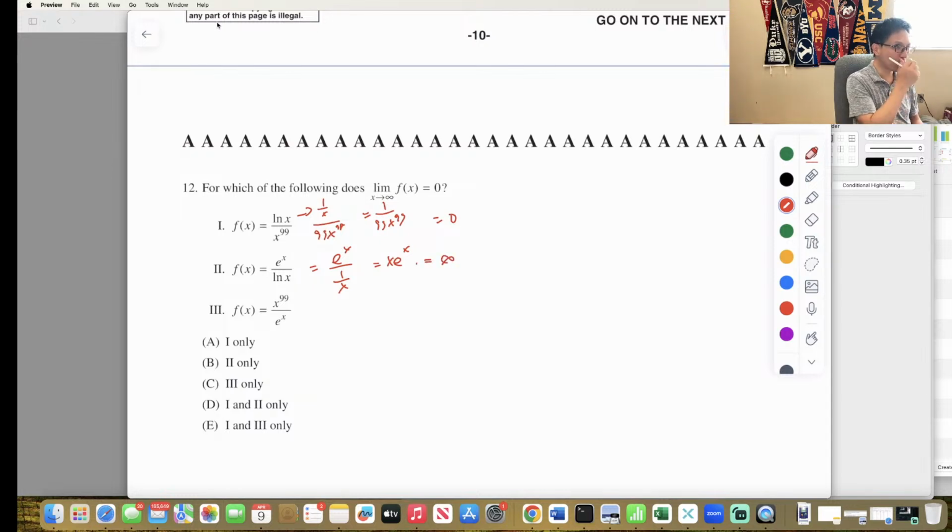So the last one is the hardest one to tell. If you do L'Hopital's rule 99 times, you're going to get 99 factorial over e to the x. That's equal to 0. 99 factorial is a huge number.